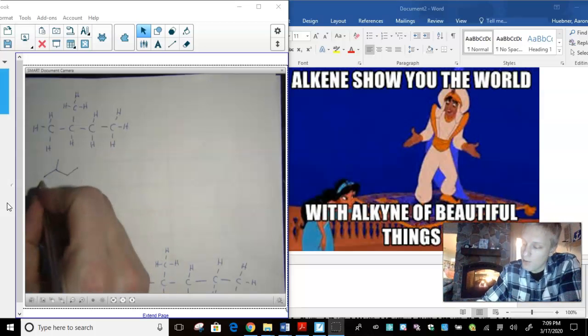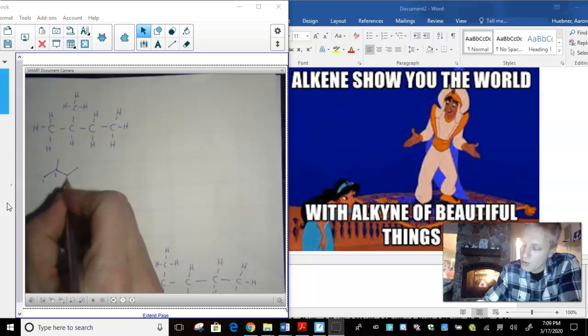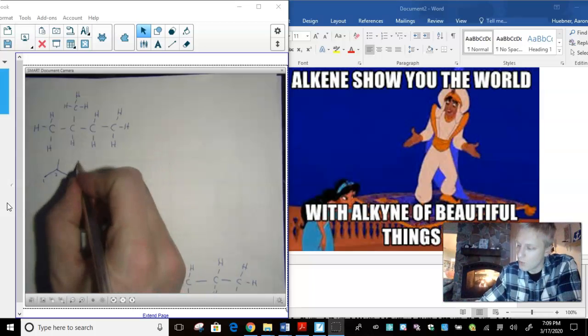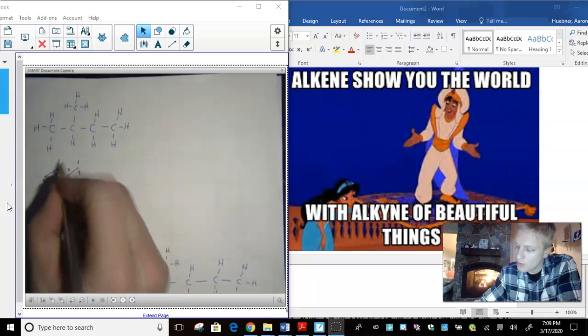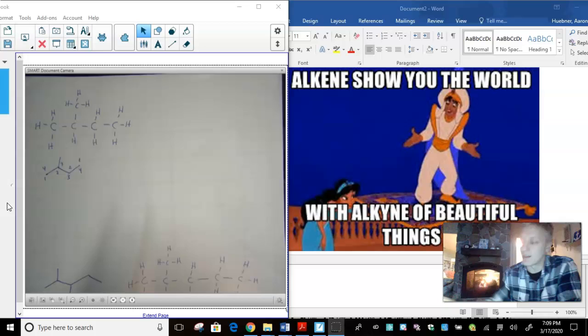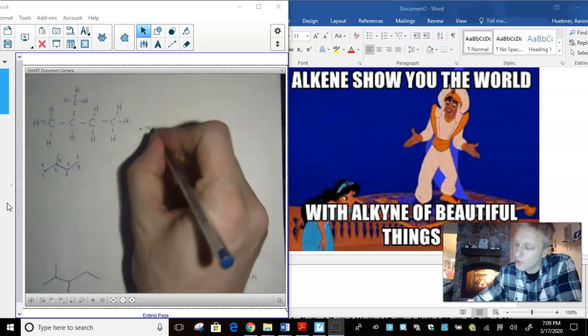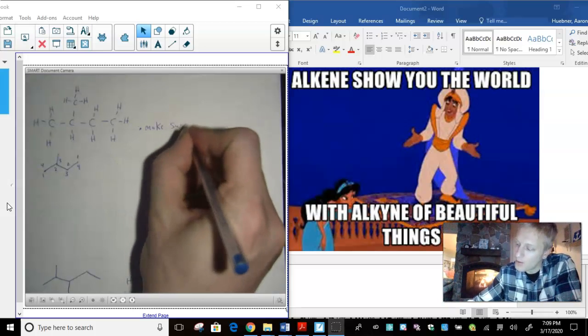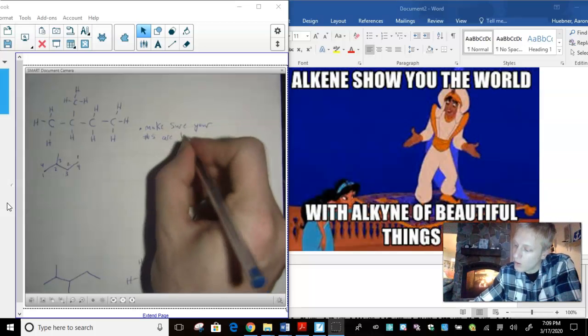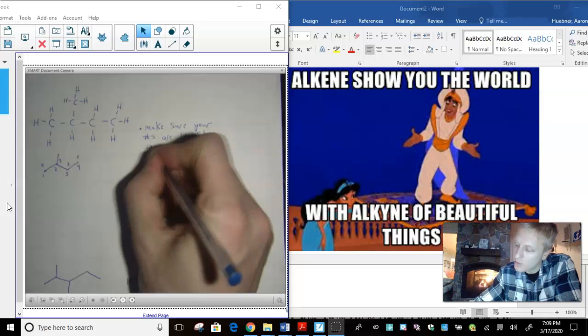So I have 1, 2, 3, 4. But I could also count it the other way and say 1, 2, 3, 4. The rule is I need to number this so that my numbers are the lowest possible. So make sure your numbers are lowest possible.